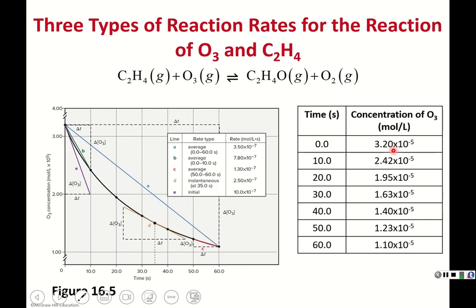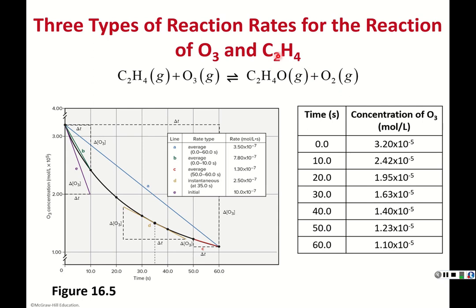Here are three types of reaction rates for the reaction of O3 and C2H4. We have ethene and ozone reacting to form this species, C2H4O, plus oxygen.